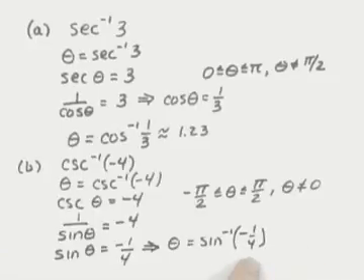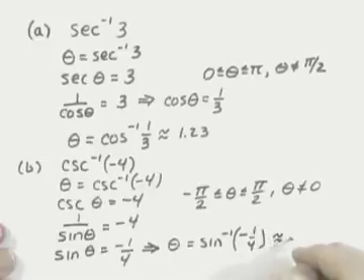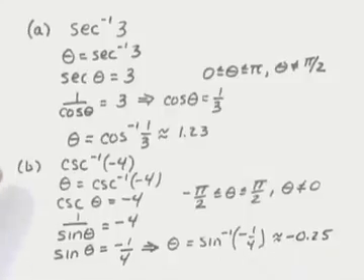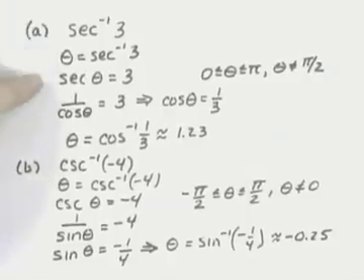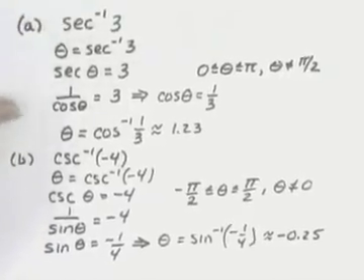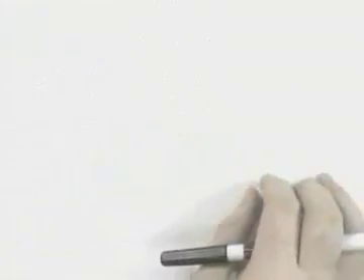And if I enter that expression into my calculator, I would get that theta is about -0.25. Now these two examples were pretty simple to do because it was just a question of computing a reciprocal to get a function that had the same domain restrictions. However, it's not always that straightforward.